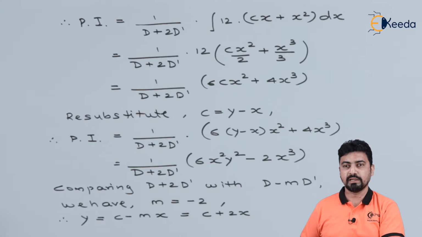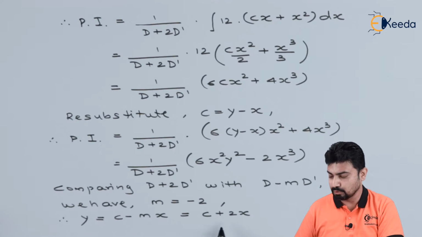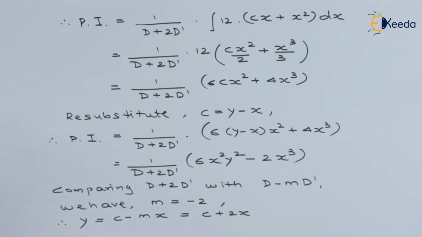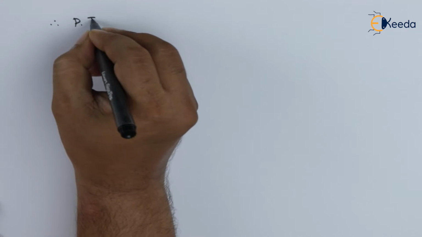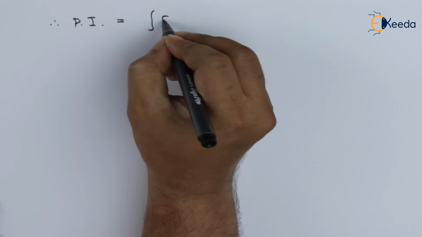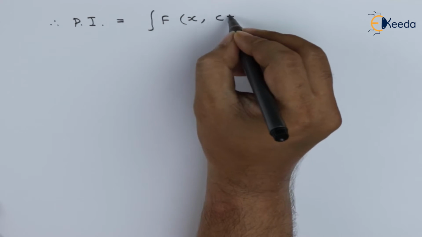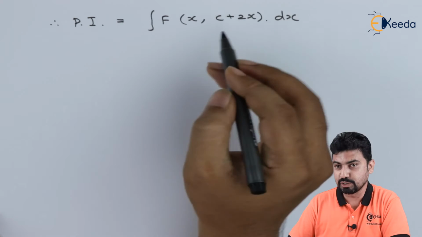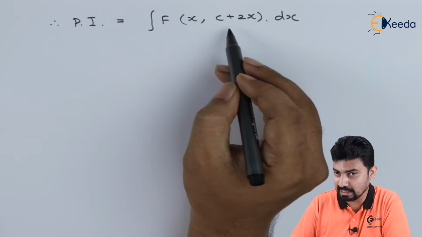Let us see how to find the PI using y is equal to c plus 2x when m was equal to minus 2. We have substituted y is equal to c plus 2x in our question.